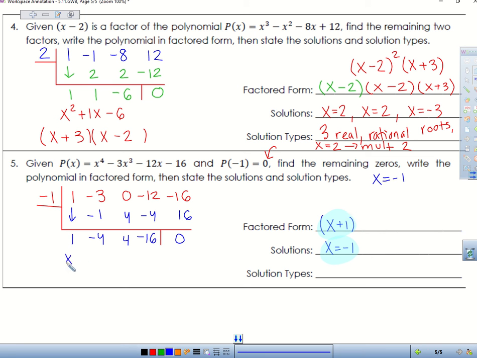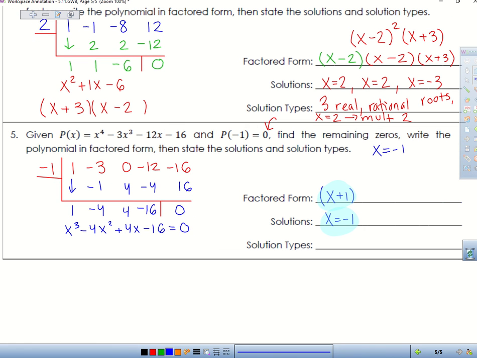So from here, this represents x cubed minus 4x squared plus 4x minus 16. Now, they didn't give us any other factors to work with, so we have to factor this as is. When you have a cubic with 4 terms, I want you to split it down the middle and use factor by grouping. You remember factor by grouping?